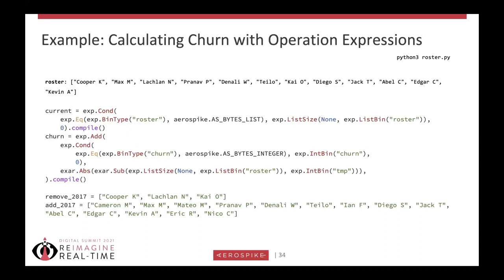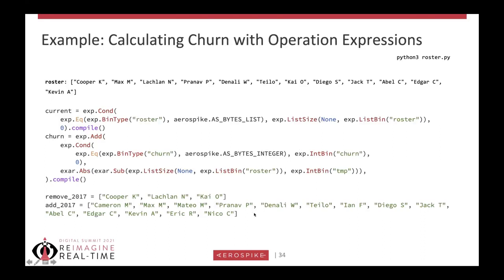And the actual expression that we're going to use is the absolute value from the arithmetic operations. And then we're going to find the difference between the size of the roster before and after. The before is going to be in a temporary bin. So I'll show you in a second how we're going to use that. And we're going to find the absolute value of it.